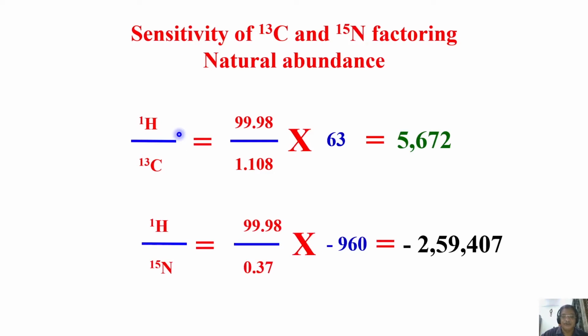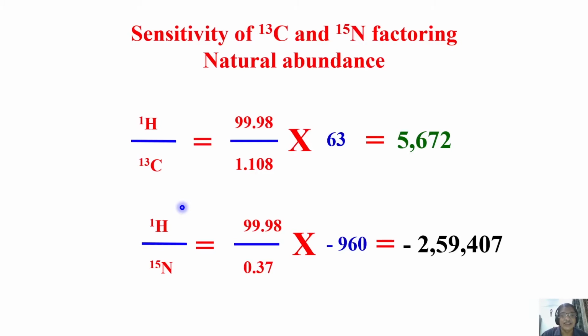Okay, let us look at nitrogen 15. Now bring in the abundance factor, it is 0.37. This turns out to be 2,59,407, approximately 2.6 lakh times less sensitive compared to proton.